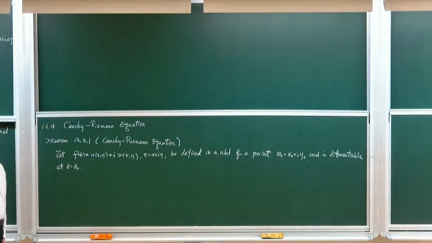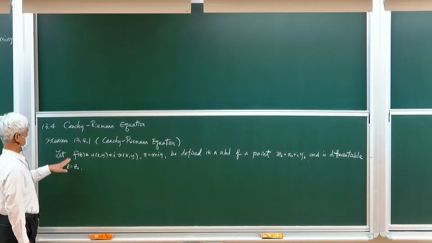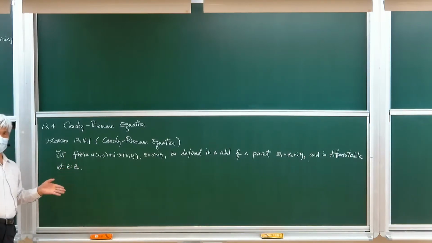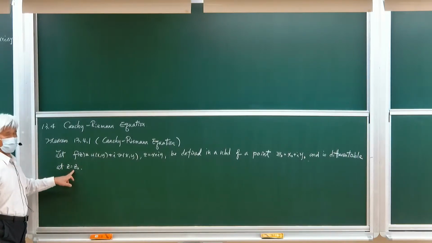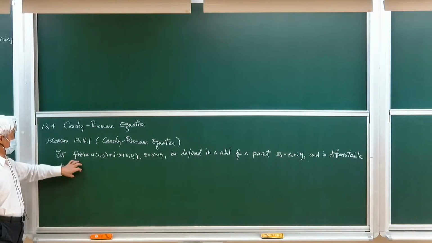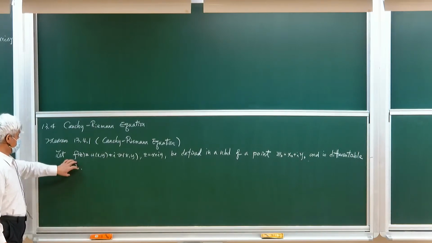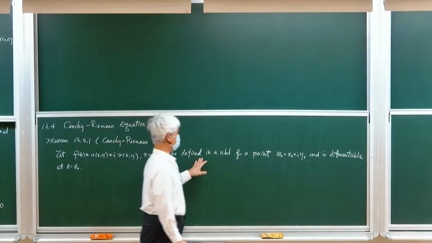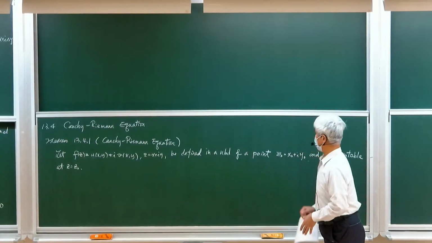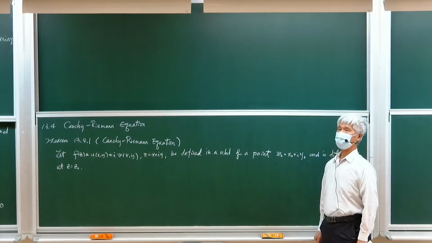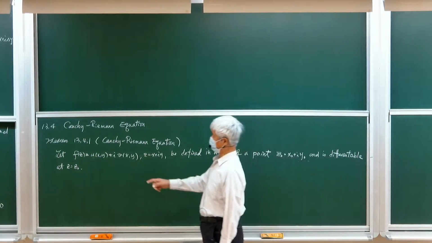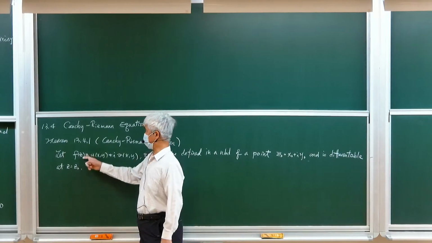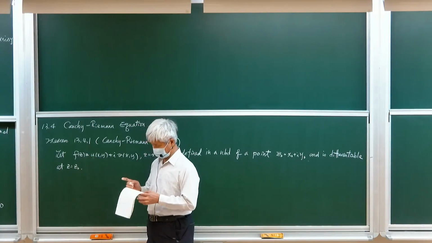The premise is that this complex function is differentiable at a certain point z0, in order to compute its derivative of f at z equal to z0.